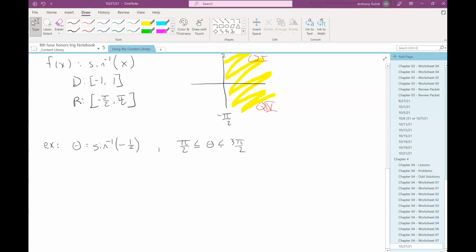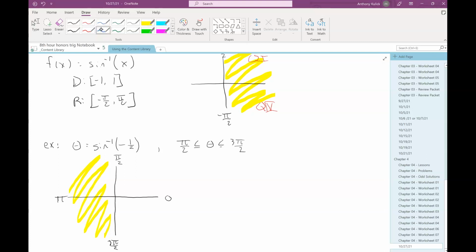So the first thing I'm going to do is draw a picture to figure out where I'm looking for my angle theta. So 0, pi over 2, pi, and then 3 pi over 2. So I'm looking for sine somewhere over here. Everybody's okay with that?